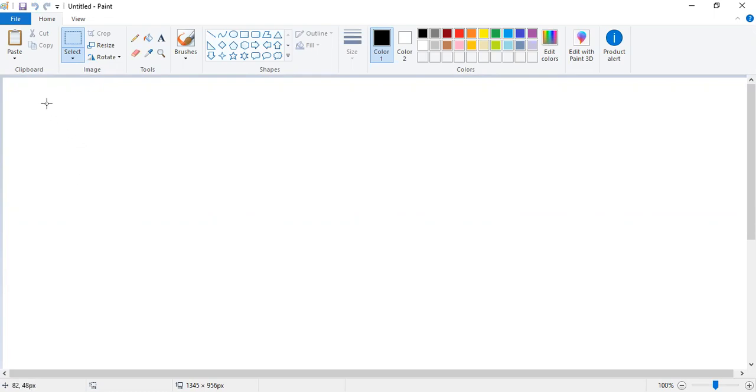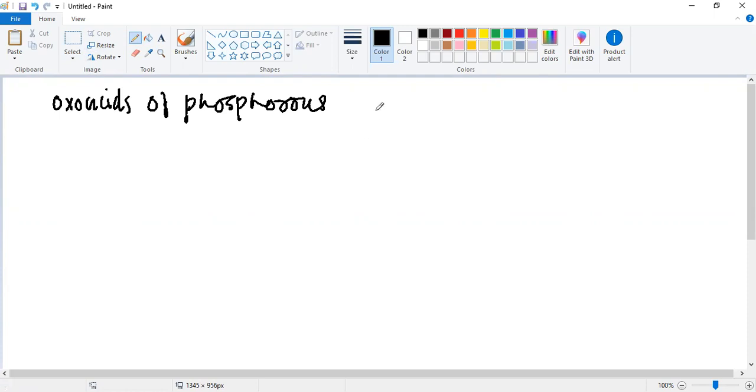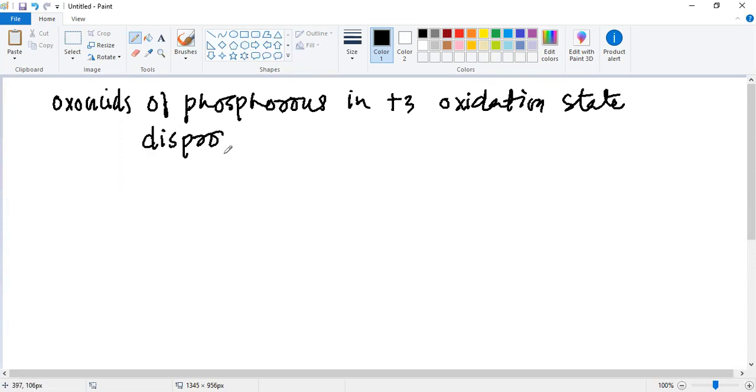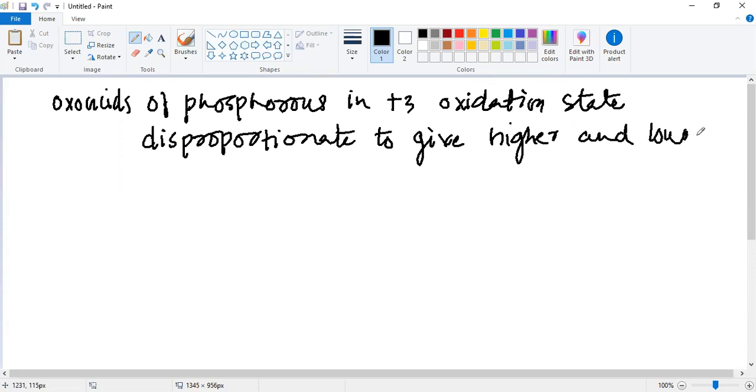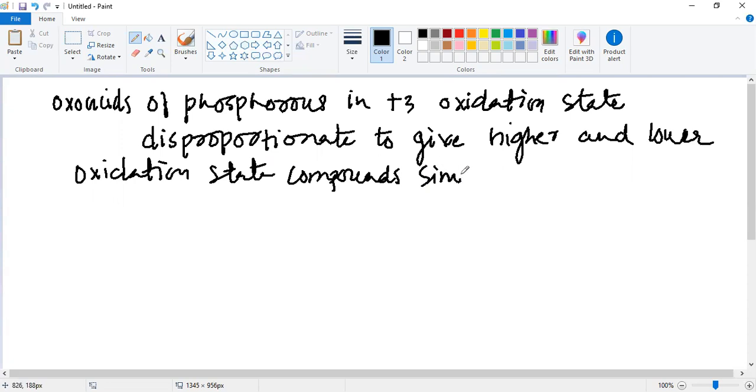So oxoacids of phosphorus in +3 oxidation state disproportionate to give higher and lower oxidation state compounds simultaneously. So let us understand this.